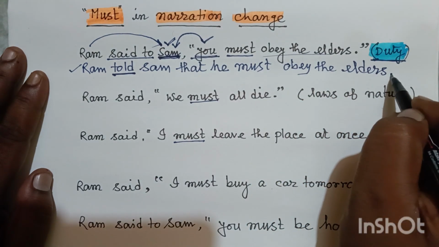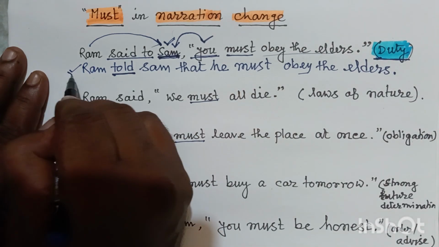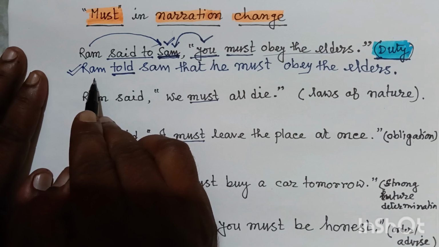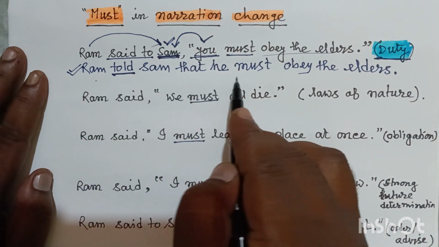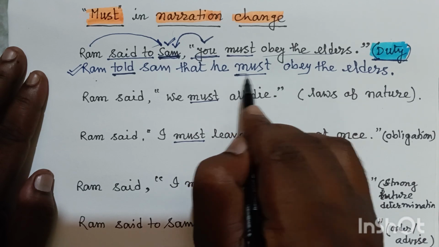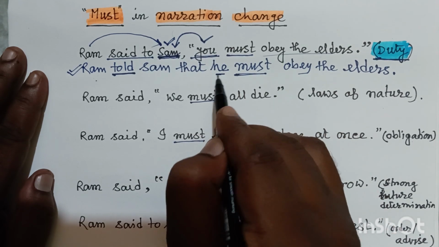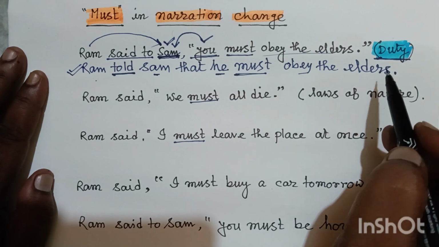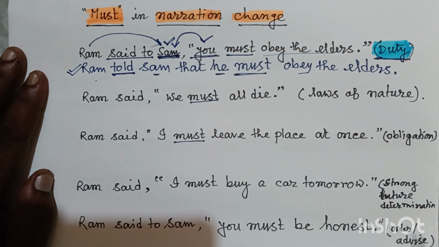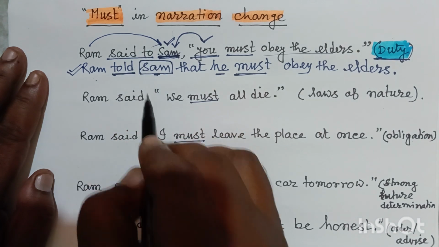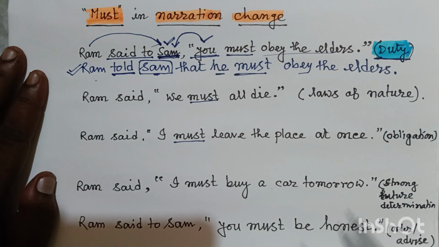Friends, this is the indirect speech, and this is the correct sentence. There is no mistake. Ram told Sam that he must obey the elders. So it is the duty of he, or you can say Sam, to obey the elders. Whatever he will do, that depends entirely upon Sam. That is why it is called duty.